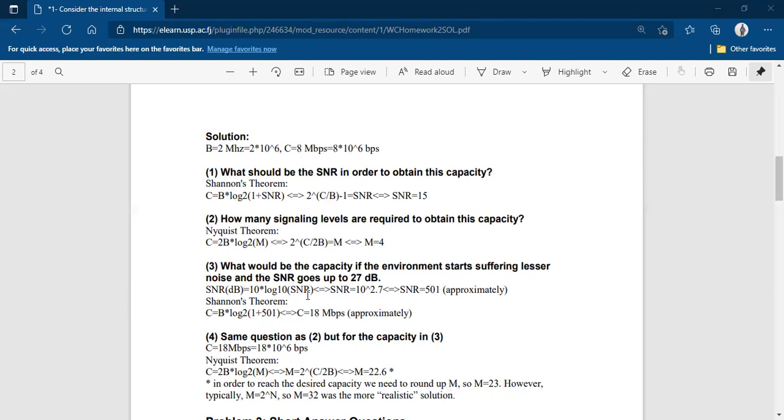So we make SNR the subject of the formula in order to convert the dB to normal standard units. We know the dB is 27 decibels, so we convert this 27 decibels into standard units, and we get SNR is equal to 501. That is the approximate value.